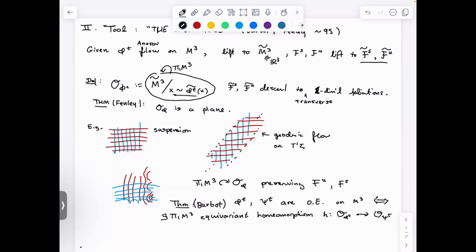Okay. And by homeomorphism, I mean that it also is a homeomorphism of these foliated planes.